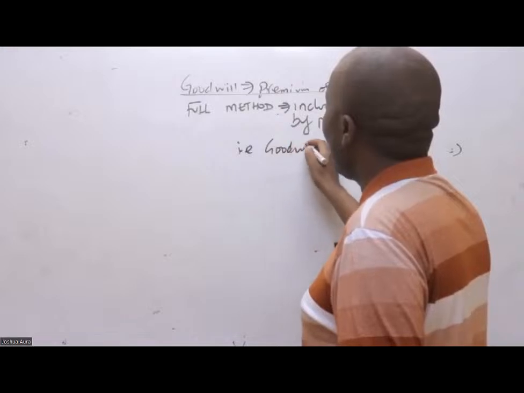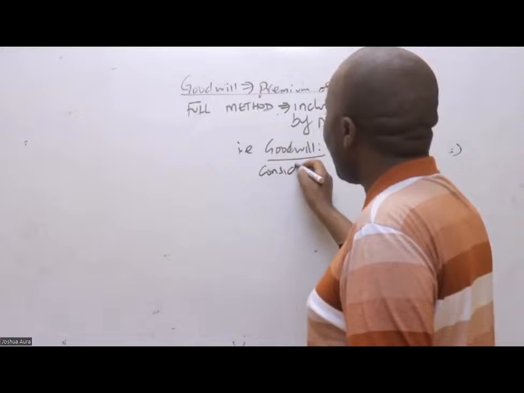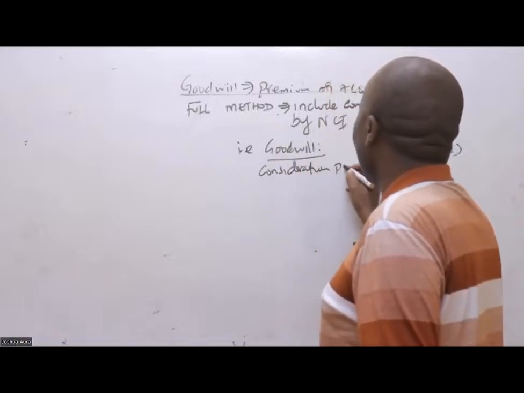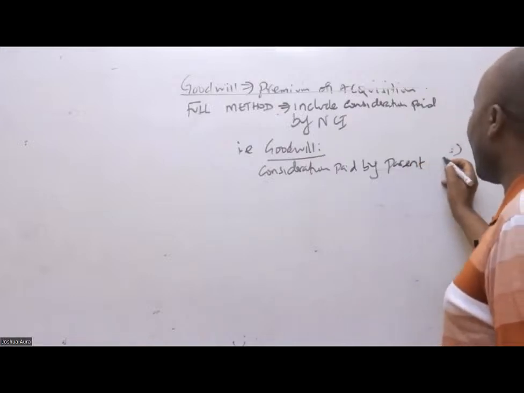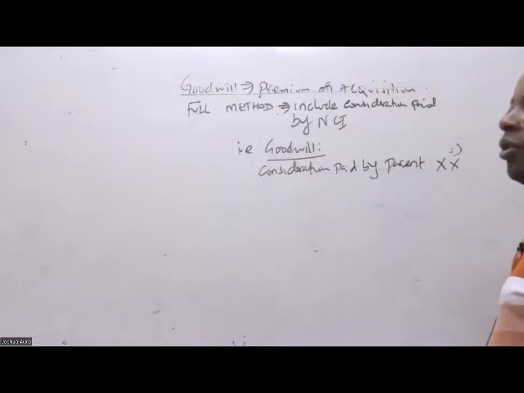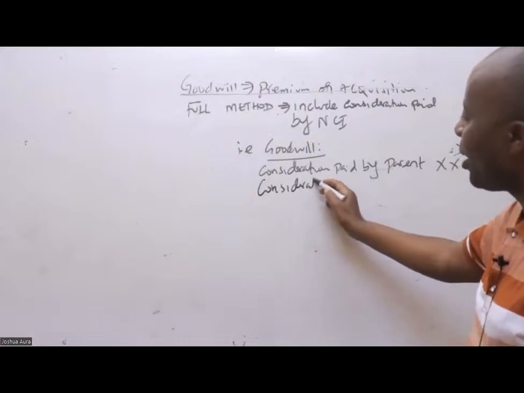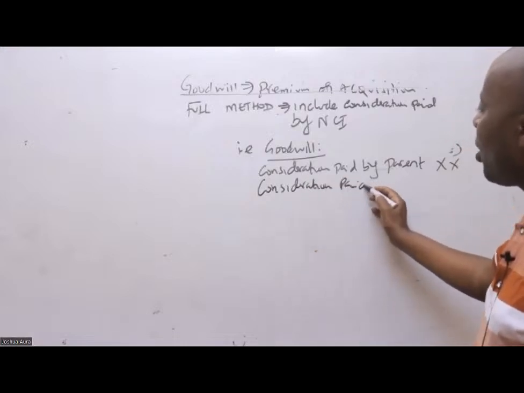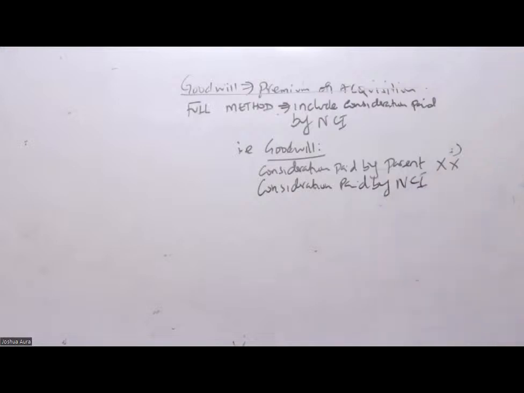Under this approach to get goodwill, we take the consideration paid by the parent company, like that, and then we will come and add the consideration paid by NCI, non-controlling interest, like that.